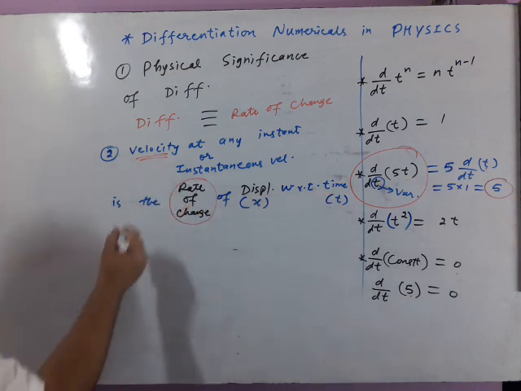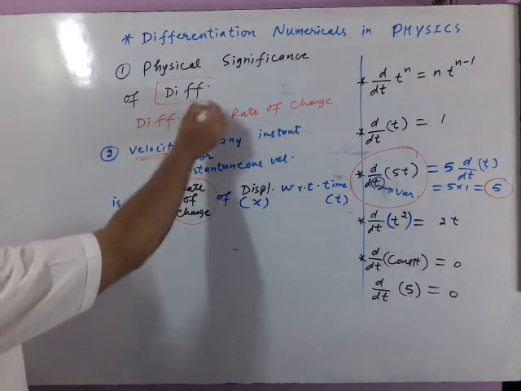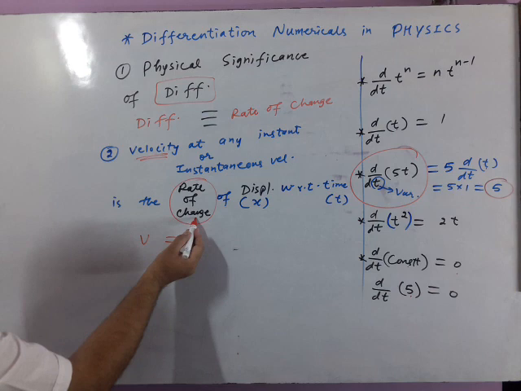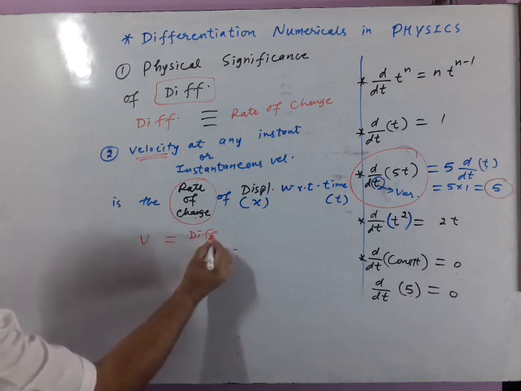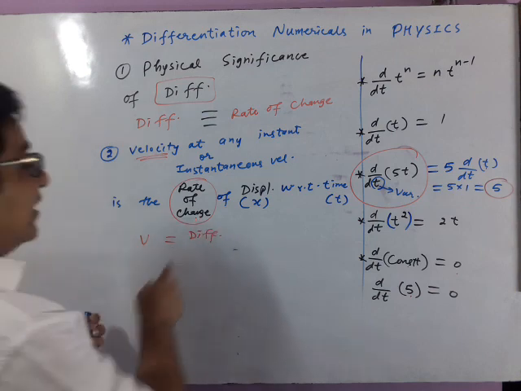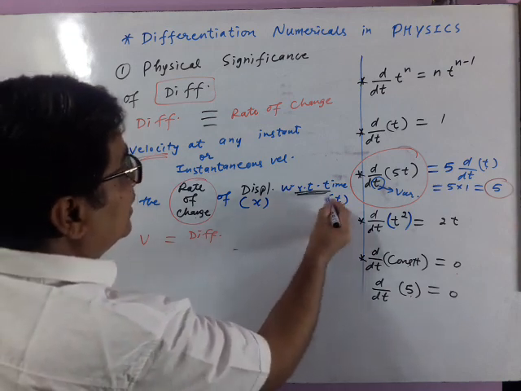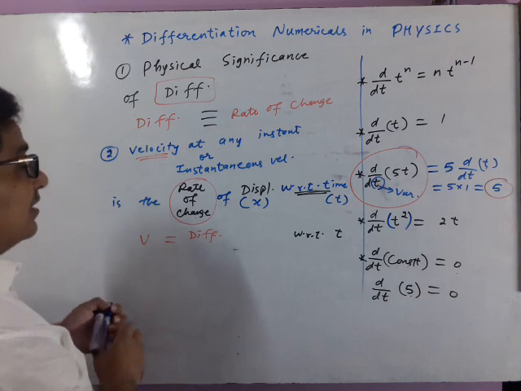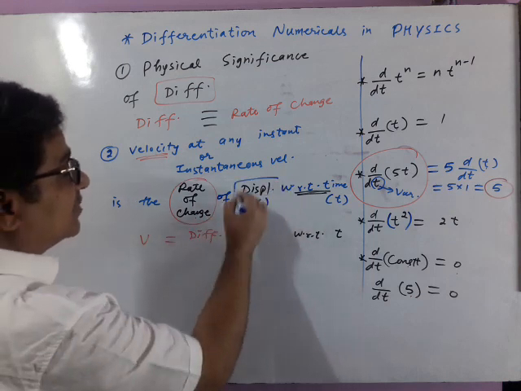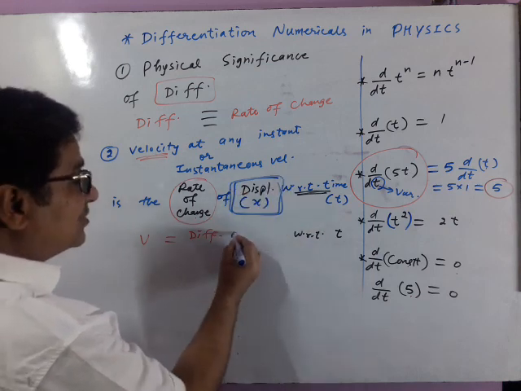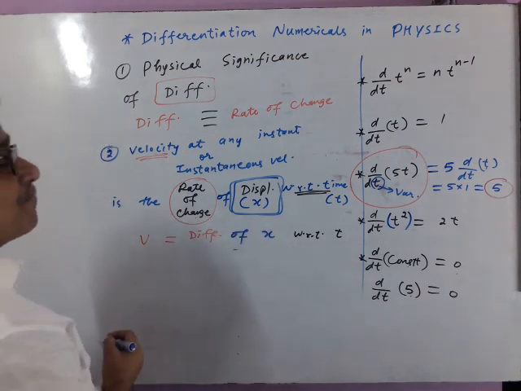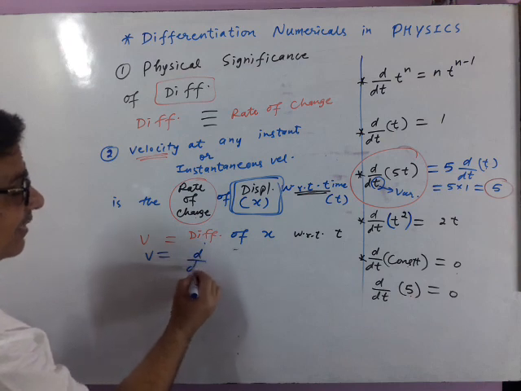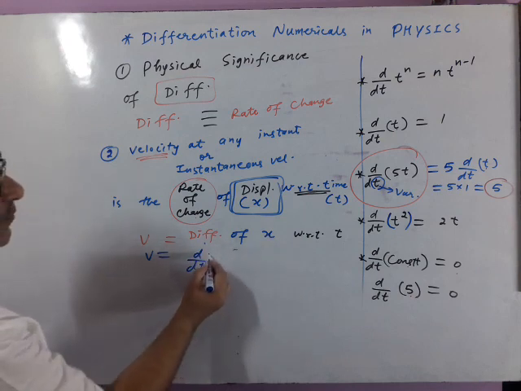Now the same physics concept we write with the help of differentiation. Velocity is rate of change, which means differentiation. Rate of change with respect to time means differentiation with respect to time. It is the rate of change of displacement, so it is differentiation of displacement, dx by dt, where x is displacement.